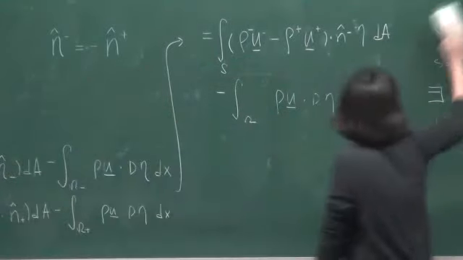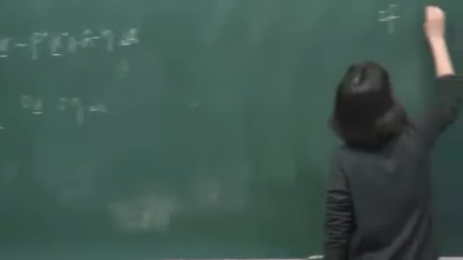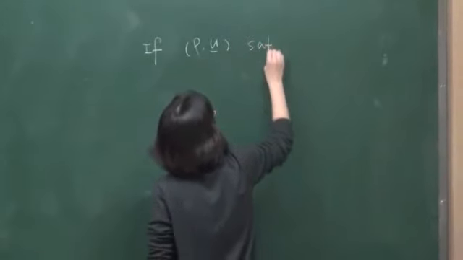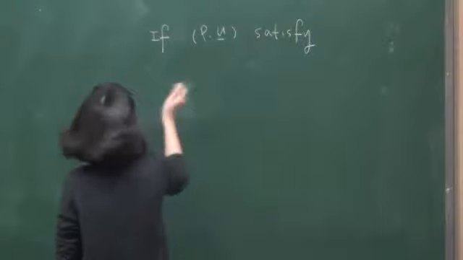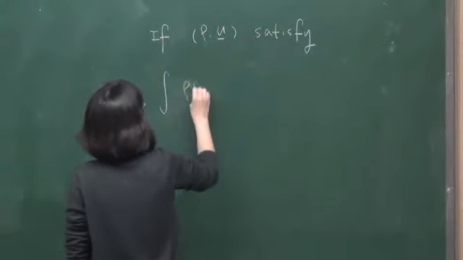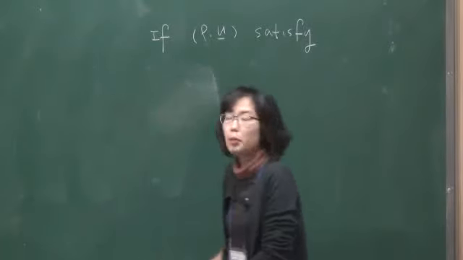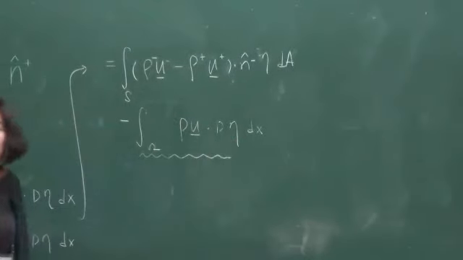So from there, what can you say? So we can say the following. If rho and u satisfy the following, the integral of rho u, well, let me now use mathematical terminology. I want to say this is 0 for any test function eta.